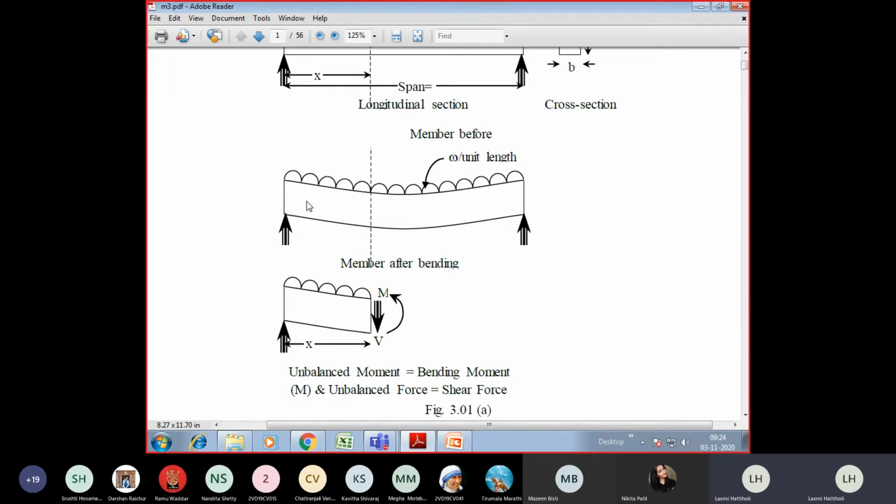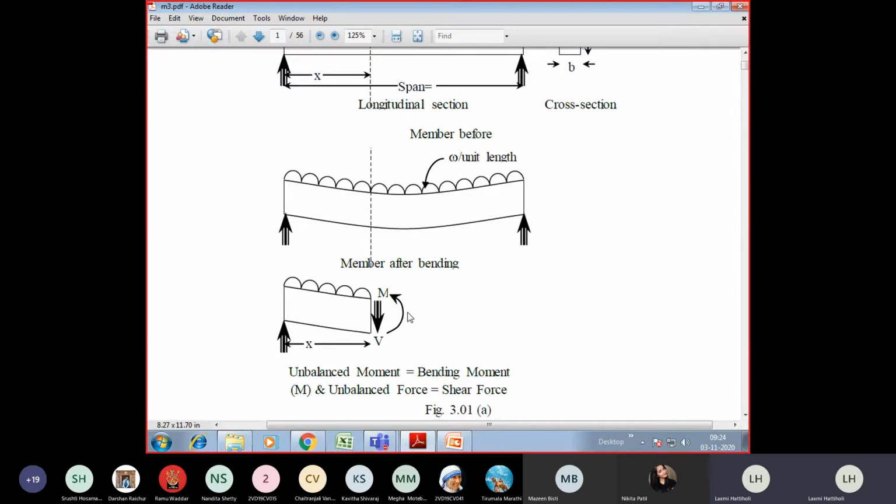Now whenever you go on taking each and every section, here I have taken it only for the one section. But if you take it for the entire section, go on taking the section and go on observing each and every part, everywhere this unbalanced force will be generated in the beam, right?